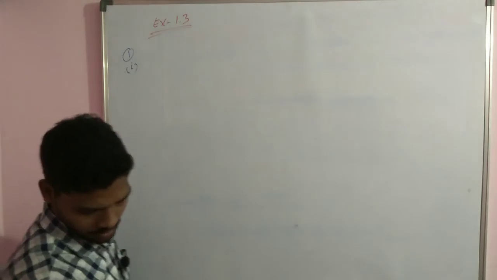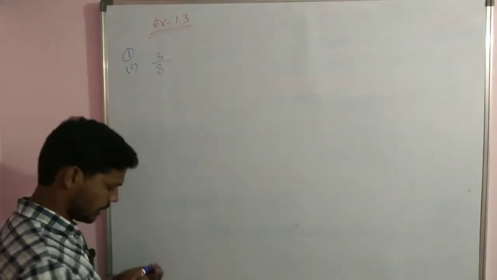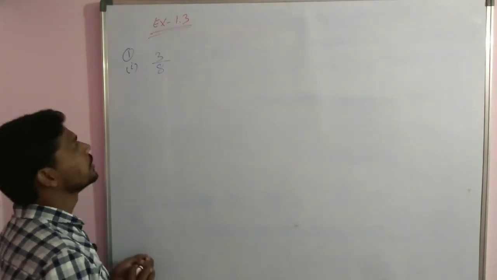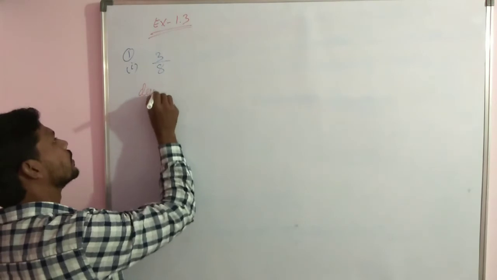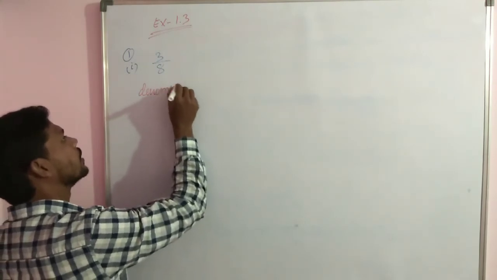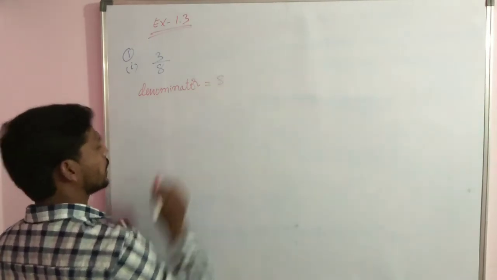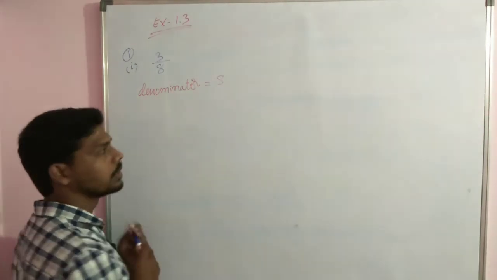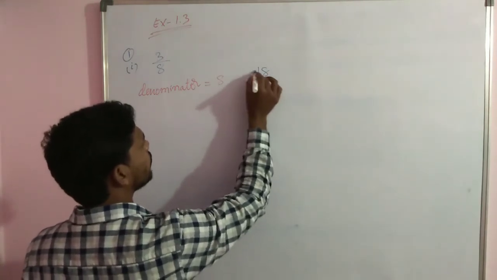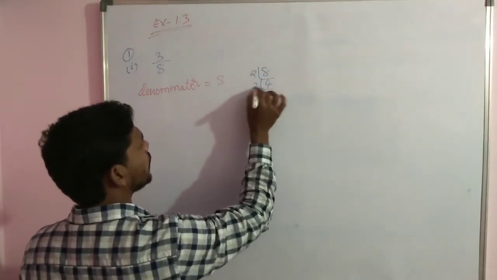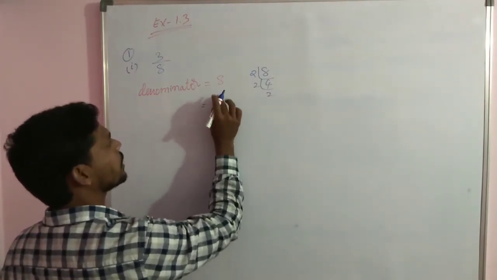there we have the first one as 3 by 8. So here directly we can say that the denominator is 8. 8 can be written as 2 4s are 8, 2 2s are 4. So 8 can be written as 2 to the power of 3.